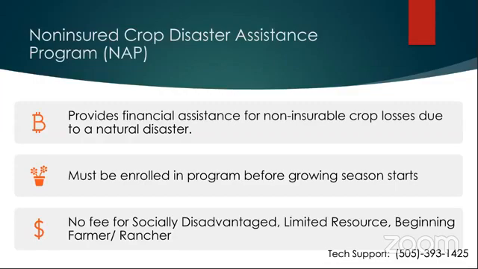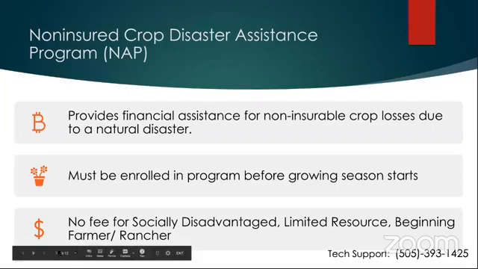You have to have the coverage before the disaster happens, so you must be enrolled in the program before the start of your growing season. Now here's the big kicker that I always encourage my ranchers or my farmers: if you fall into any of those categories, socially disadvantaged, limited resource, or beginning farmer or rancher, there is no fee for this program. Next slide, please.